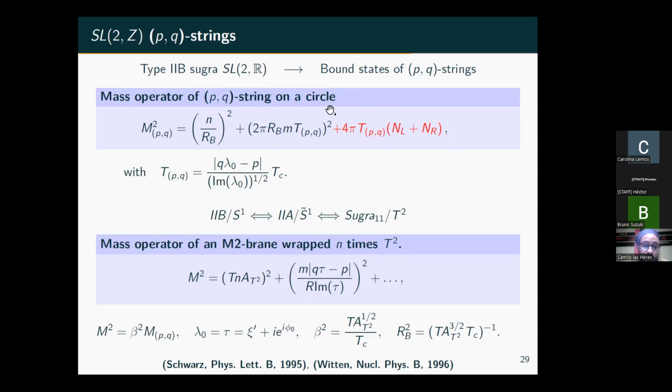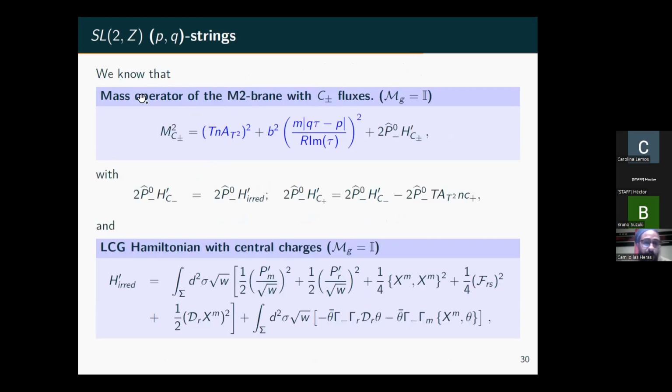He was not able to reproduce the oscillators because he was not able to compute these terms that were here. He just mentioned that these terms are related to the membrane excitations that he didn't know how to compute. However, we know that the mass operator of the M2 brane with C plus minus fluxes, in the case that we have a trivial monodromy, can be written in this way.